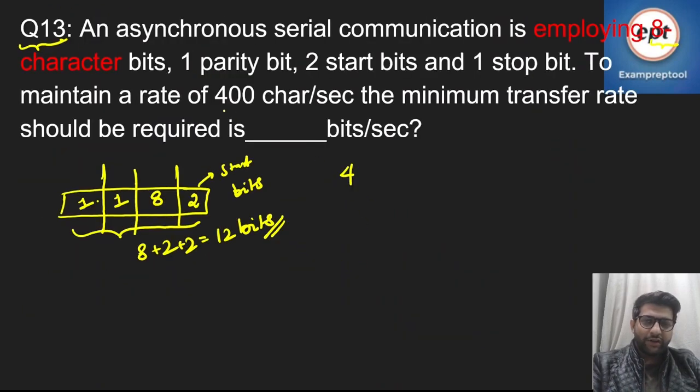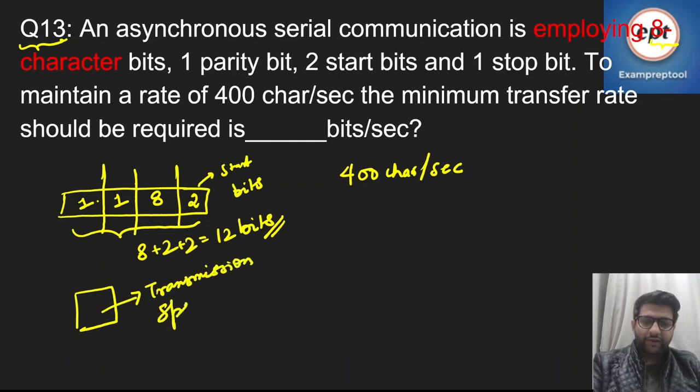Here, we need a transmission speed of 400 characters per second. It is asking what should be the minimum transmission speed of an interface to achieve 400 characters per second.